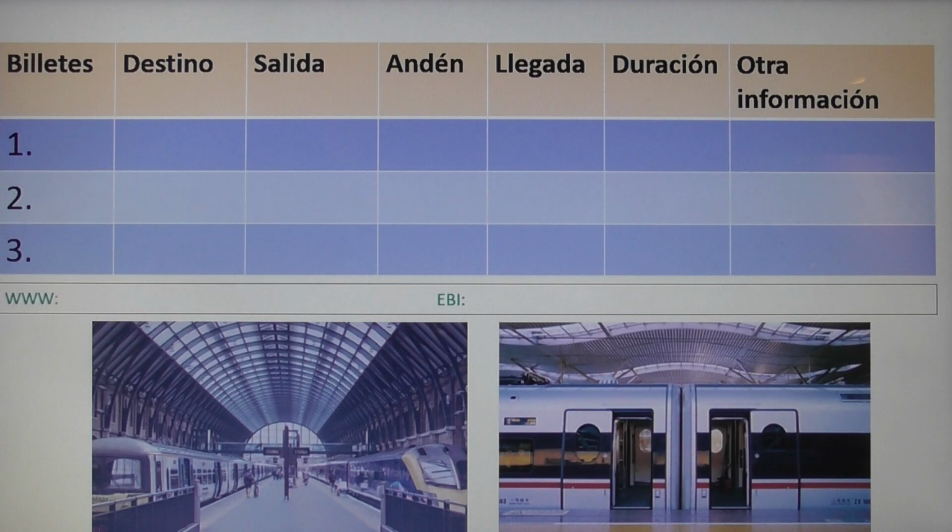Y entonces hay que cambiar en Burgos. Gracias, todo bien. Una cuestión para usted. ¿Hay billetes de primera clase en este tren? No, señor, solo de segunda clase, pero se sirve comida. ¿Y cuánto es el billete?